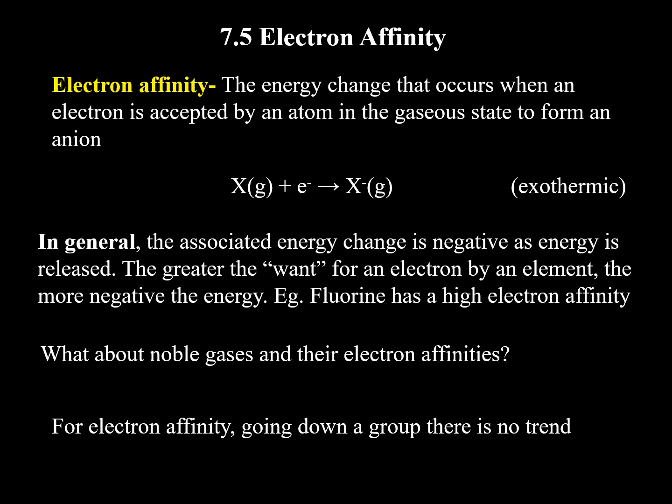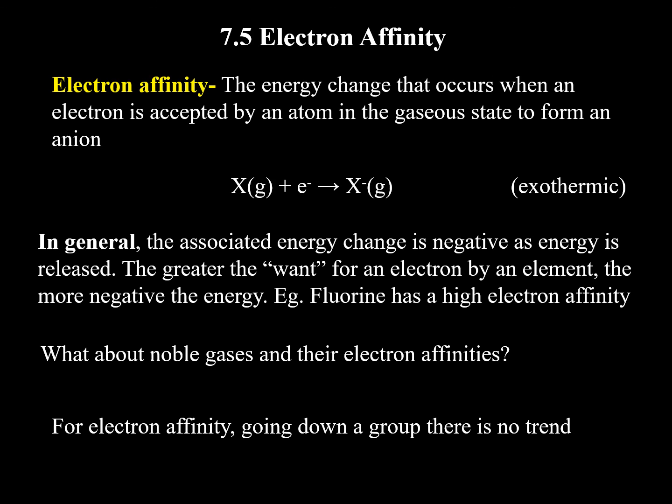Conversely, sodium and lithium do not want electrons. They would rather give up their one electron in their outer shell, so they'll have a stable valence electron shell, the following valence electron shell. So noble gases do not want any electrons.